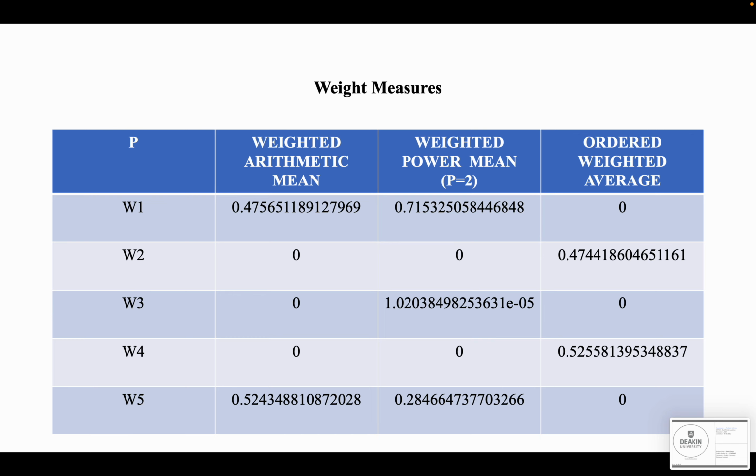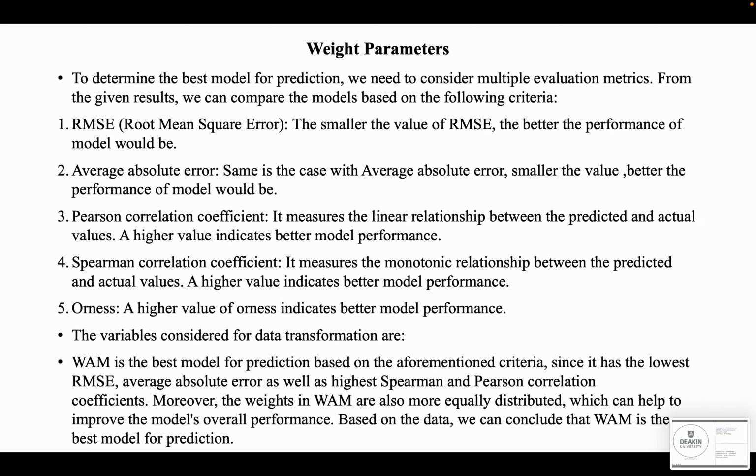When it comes to weight measures, here I have defined what RMSE means, average absolute error, the Pearson correlation coefficient, and the Spearman correlation coefficient. By looking at the previous weighted aggregation functions, it is clear that the weighted arithmetic mean is the best model for prediction based on the evaluation criteria, since it has the lowest RMSE and average absolute error, as well as the highest Pearson and Spearman correlation coefficients.